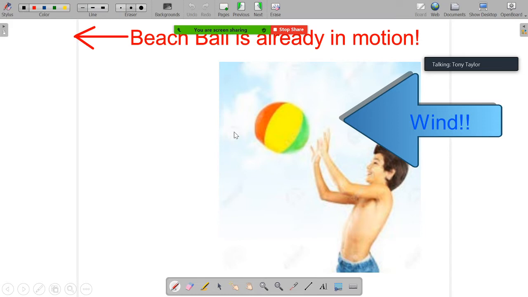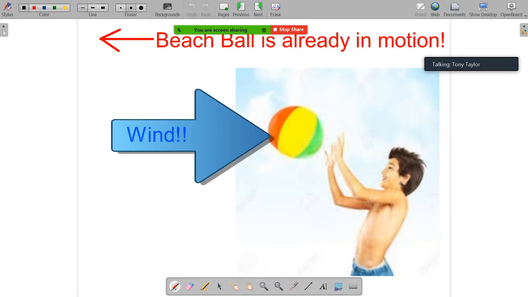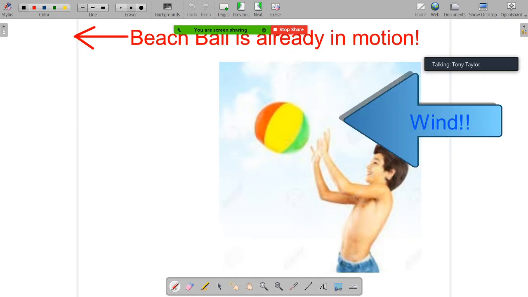So here's the important point that I want you guys to know, because this is going to be important when we get to our worksheet. If the force acts opposite the direction of motion, the object is said to be slowing down. If the force acts in the same direction of motion, then the object is said to be speeding up. Everybody got that?